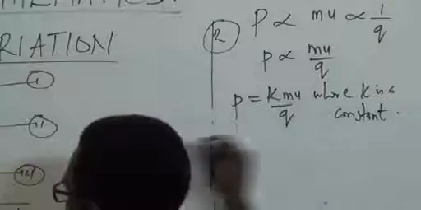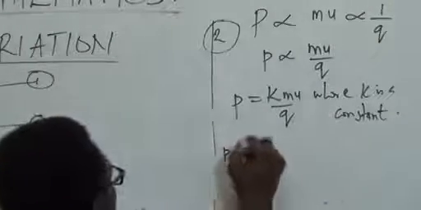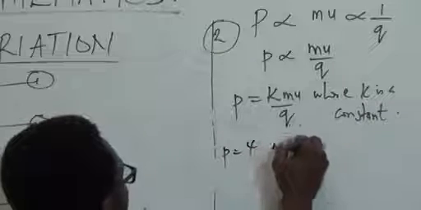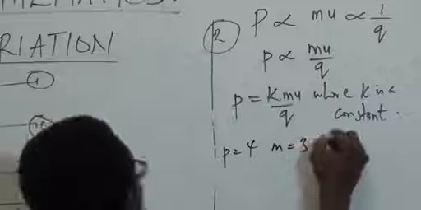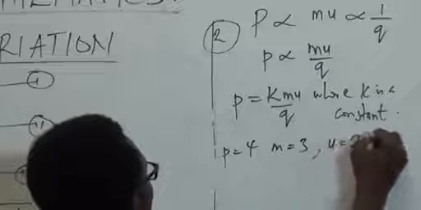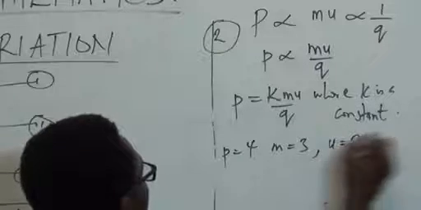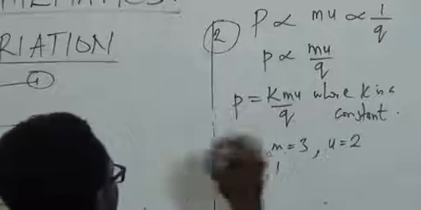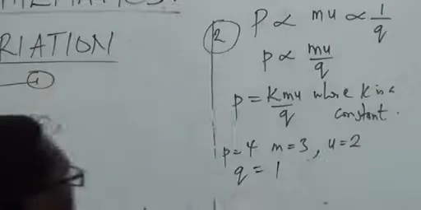So they gave us P as 4, M as 3, U as 2, and they also gave us Q as 1.